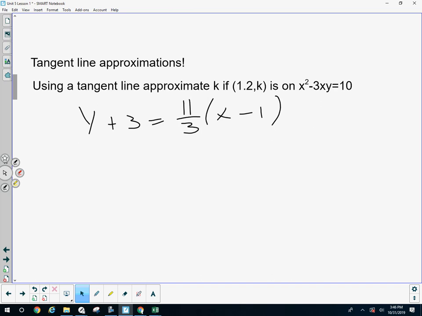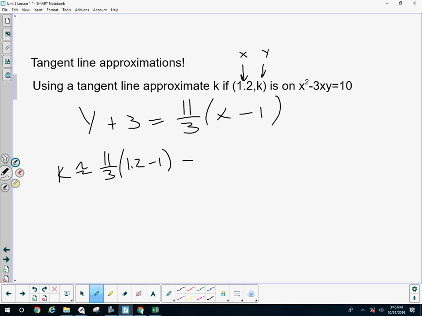So if I ask you, hey, use the tangent line to approximate k, it's just what we did last unit. We will be plugging in 1.2 for x. I'm going to be finding k, which is a y. So k will be approximately 11 thirds times (1.2 minus 1) minus 3.